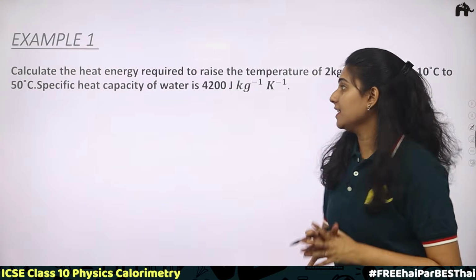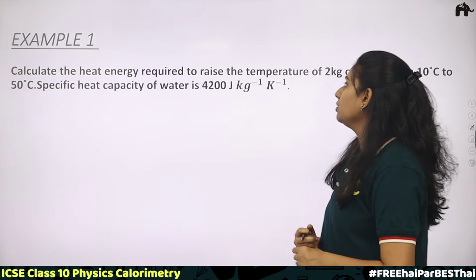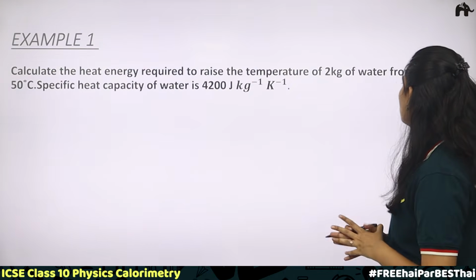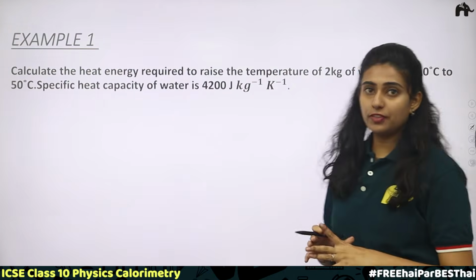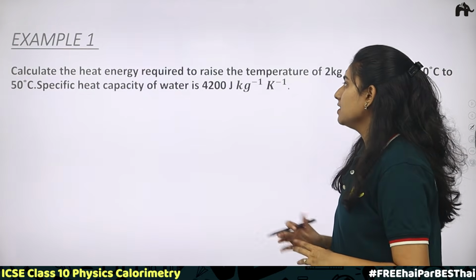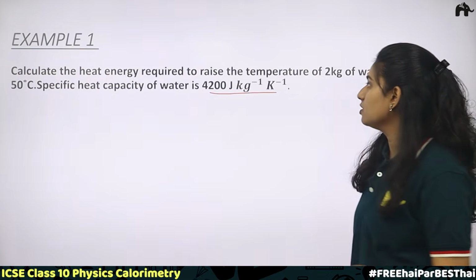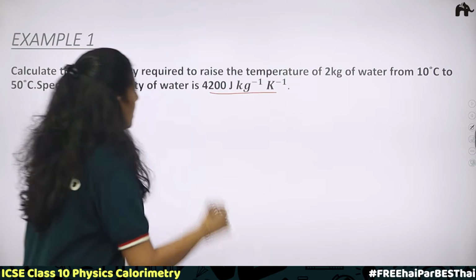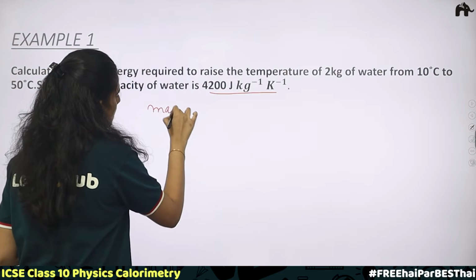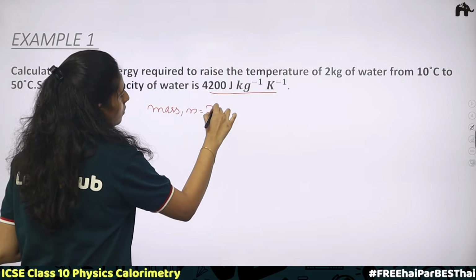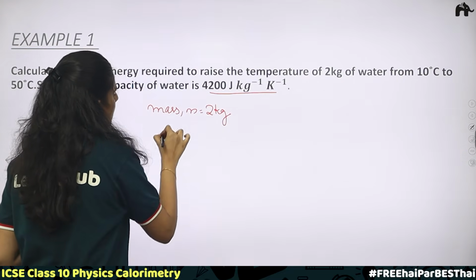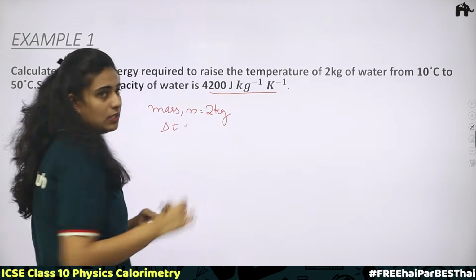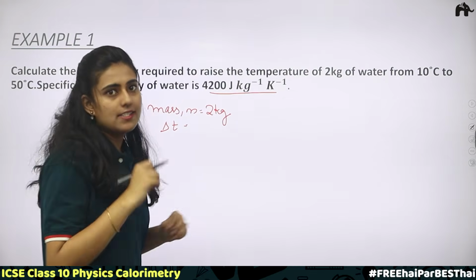Okay. Let us take an example. Calculate the heat energy required to raise the temperature of 2 kg of water from 10 degrees Celsius to 50 degrees Celsius. Specific heat capacity of water is 4200 joules per kilogram per Kelvin. So here, given that the mass m is equal to 2 kg, the rise in temperature will be equal to final temperature minus initial temperature.